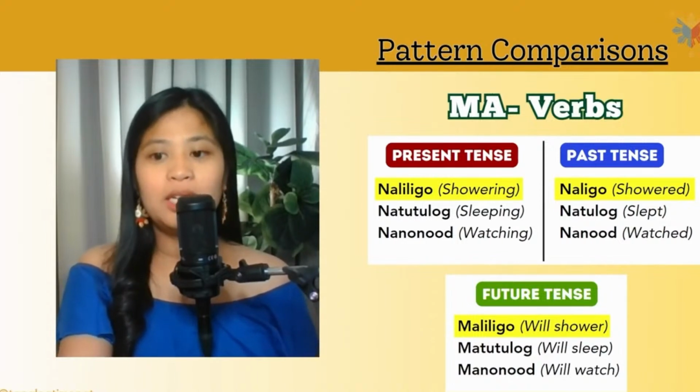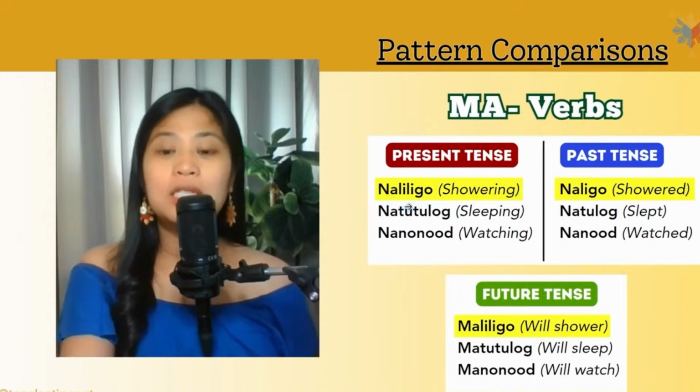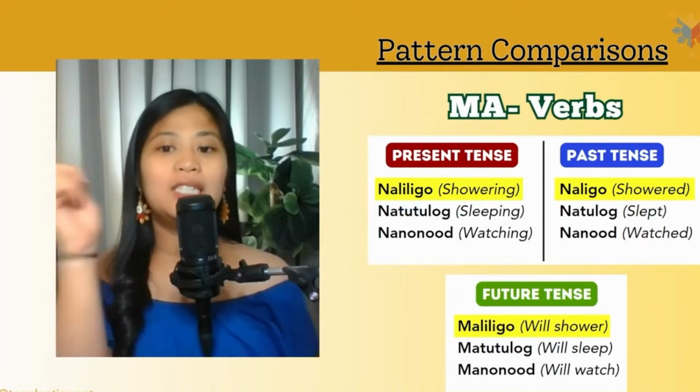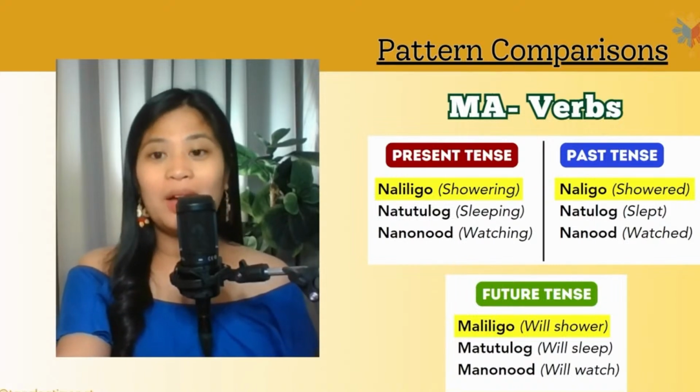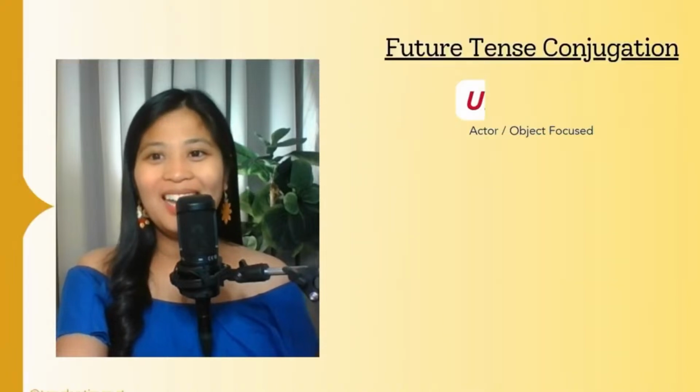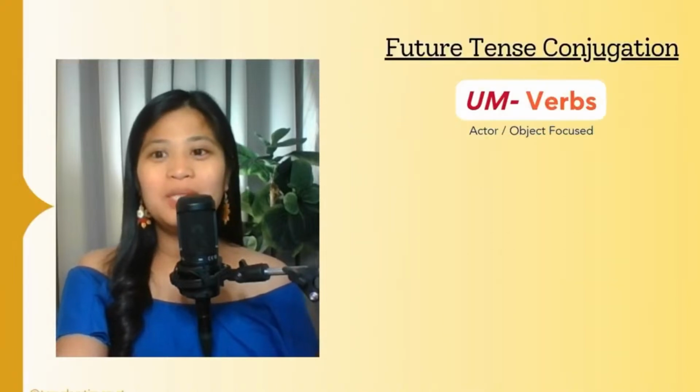I will take a shower. Again, for ma verbs, it's a very similar pattern for present and future tense conjugation. The only difference is that first letter. But they both have that repeated first syllable. So again, try to listen carefully or try to rely on the context clues so that you can figure out what they're talking about.